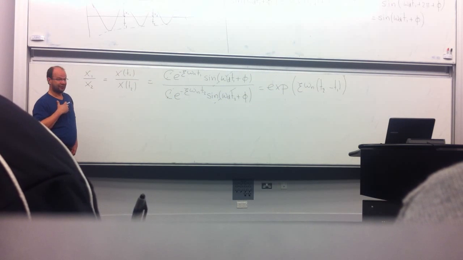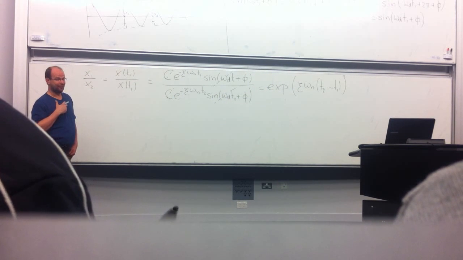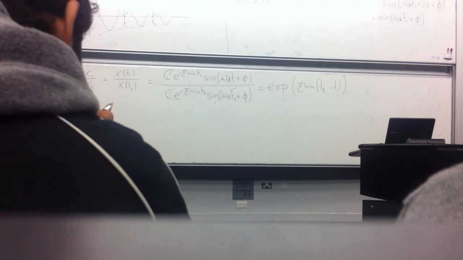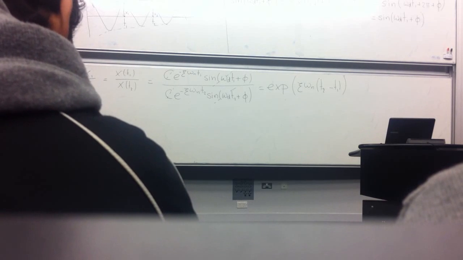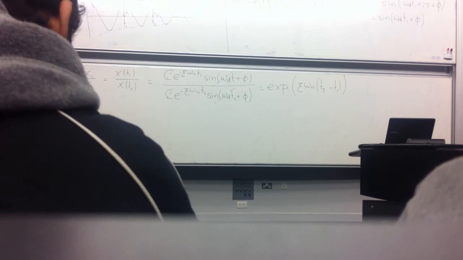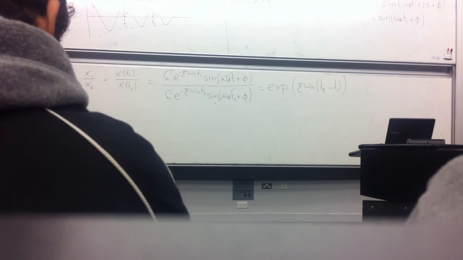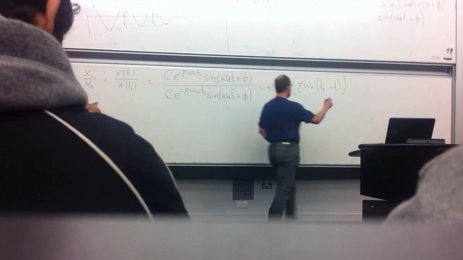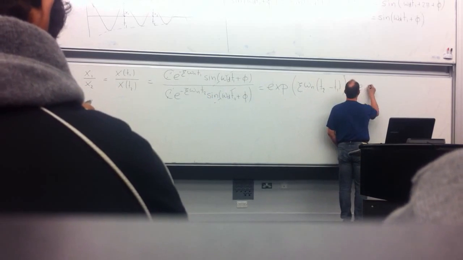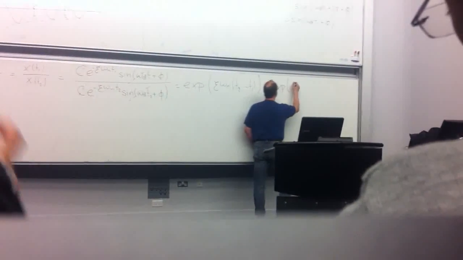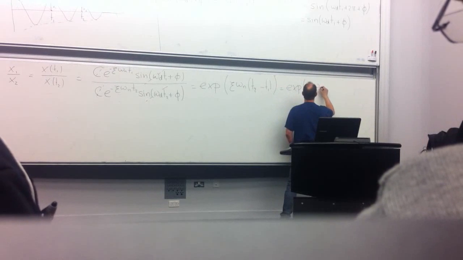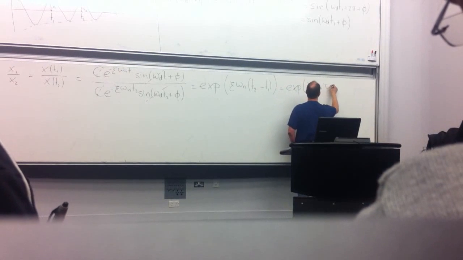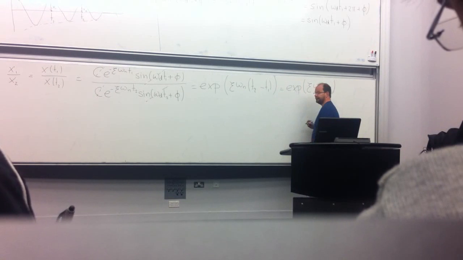Next, realize that t2 minus t1 is the distance between t2 and t1, and the distance between t2 and t1 is just this period tau d. So this is equal to the exponential of theta omega n times tau d.